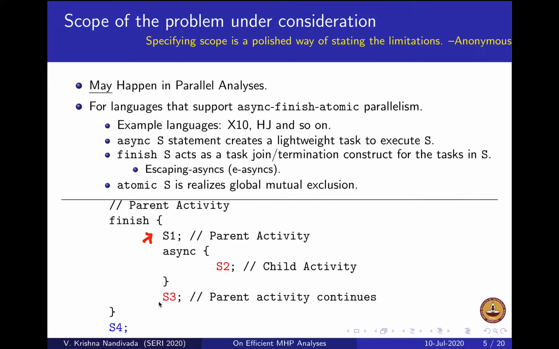So S2 and S3 may run in parallel, and the finish waits for all the tasks that are created in this, and after that S4 will start. In this finish, this async is an escaping async. That is, if this finish wasn't there, this async would have run in parallel with more statements. So think of it like that. We call this an escaping async.